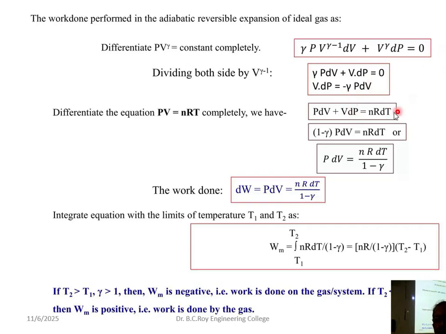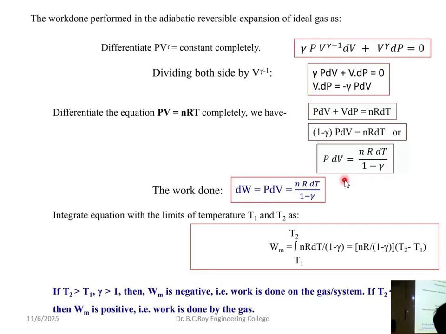PV equal to nRT. Here T is taken, just see, PdV plus VdP equal to nRdT. So that way you do the differentiation on both sides. So if I take a similar way, PV equal to RT, listen to me, write down.